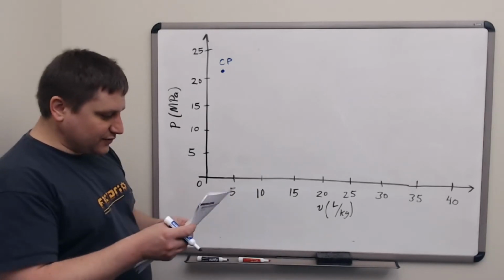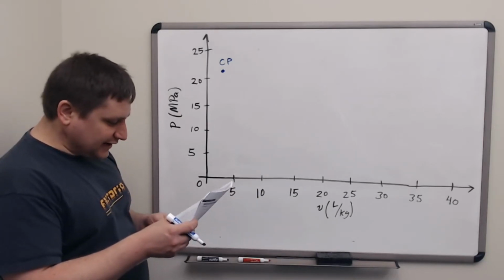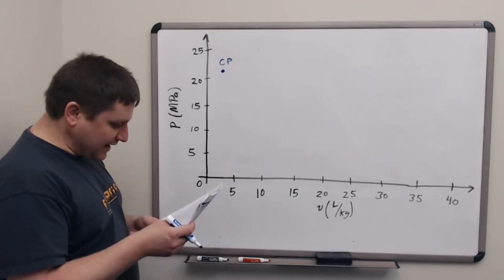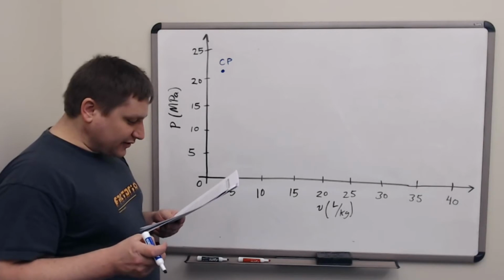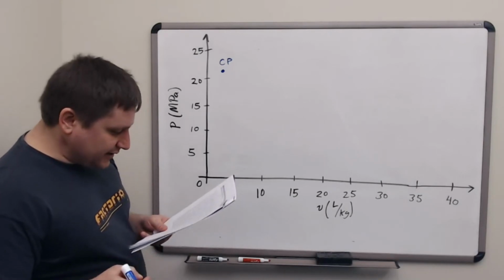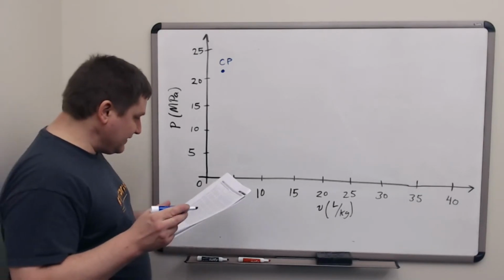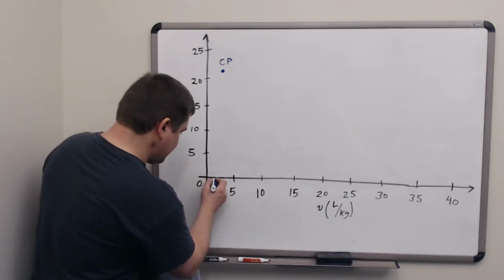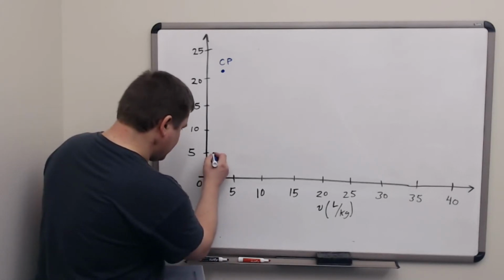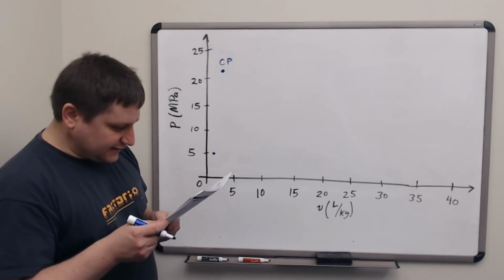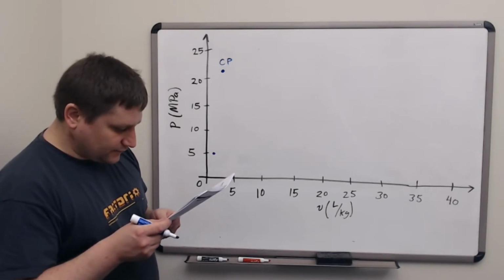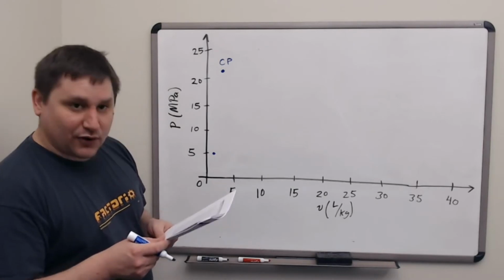First, I'll go to 5,000 kilopascals or 5 megapascals. At this pressure, the volume of the liquid is 1.286 liters, and the volume of the gas is 39.4 liters.